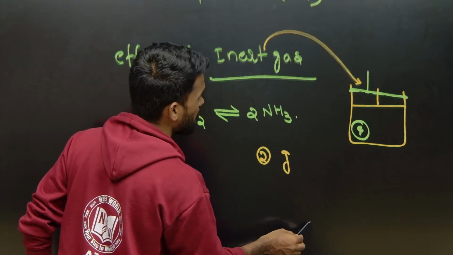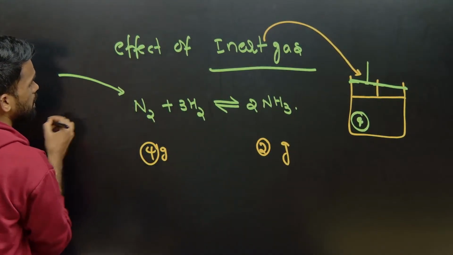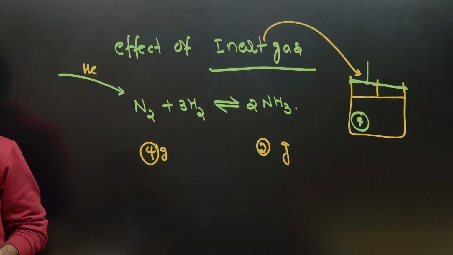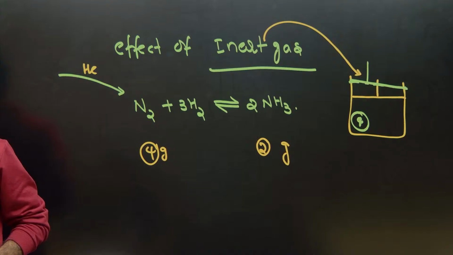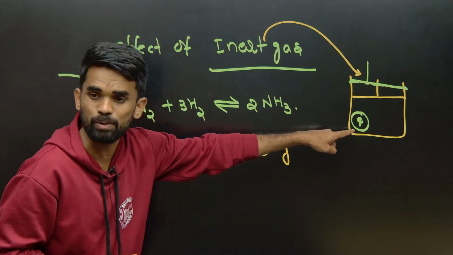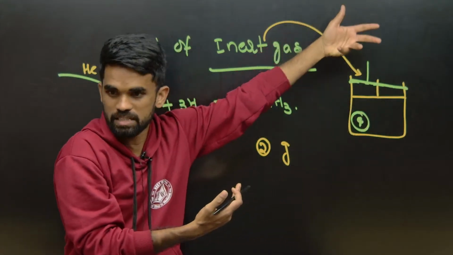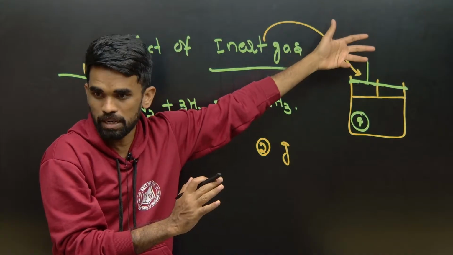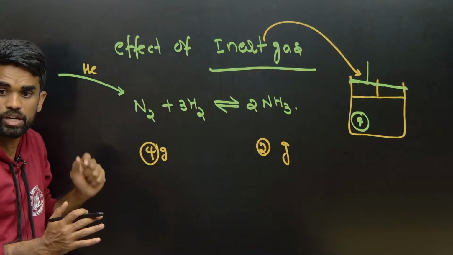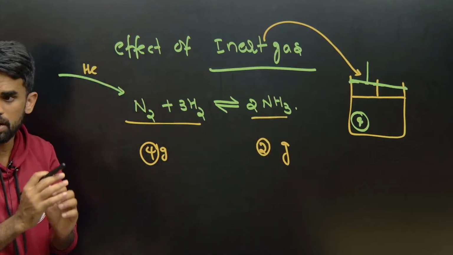Now I am adding some inert gas, let us say helium gas. What happens to the equilibrium? When we add helium gas, the total volume gets doubled, so the number of reactants and products present in unit volume decreases.